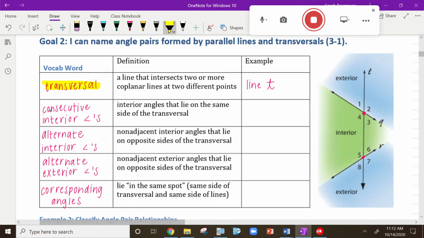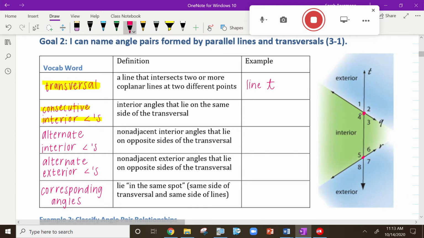Next, we have consecutive interior angles. Notice that the interior angles are the ones that lie between the two lines that are not the transversal. So all of these blue angles are interior angles. These angles that are in the green outside those two lines are called exterior angles.